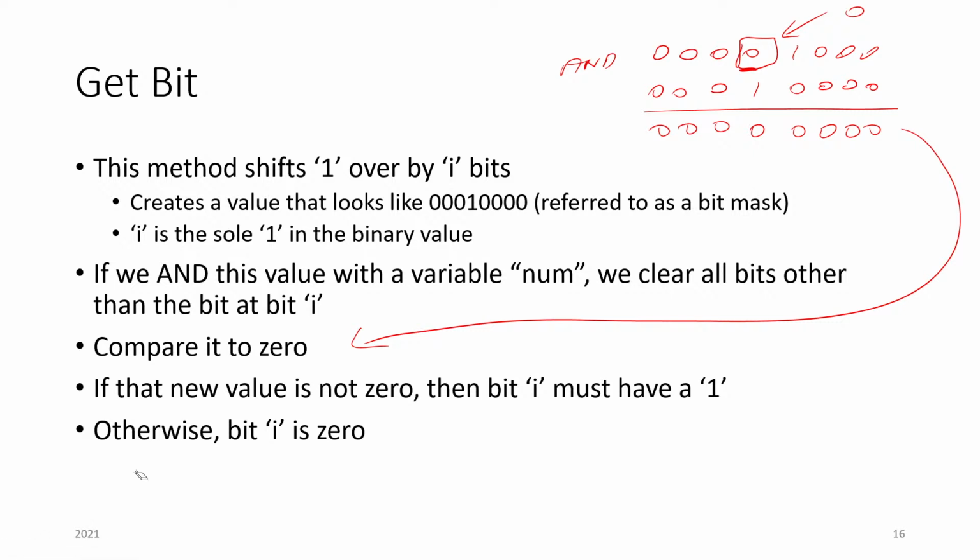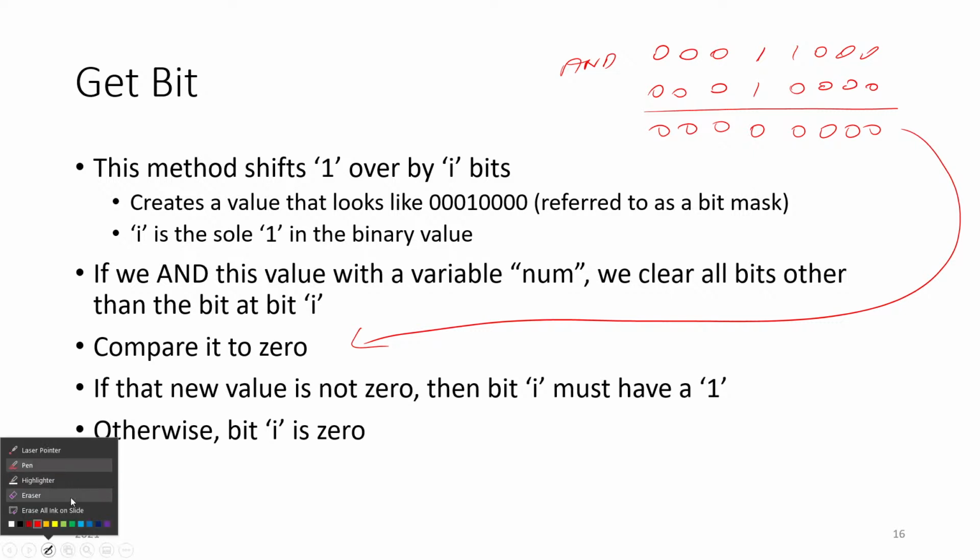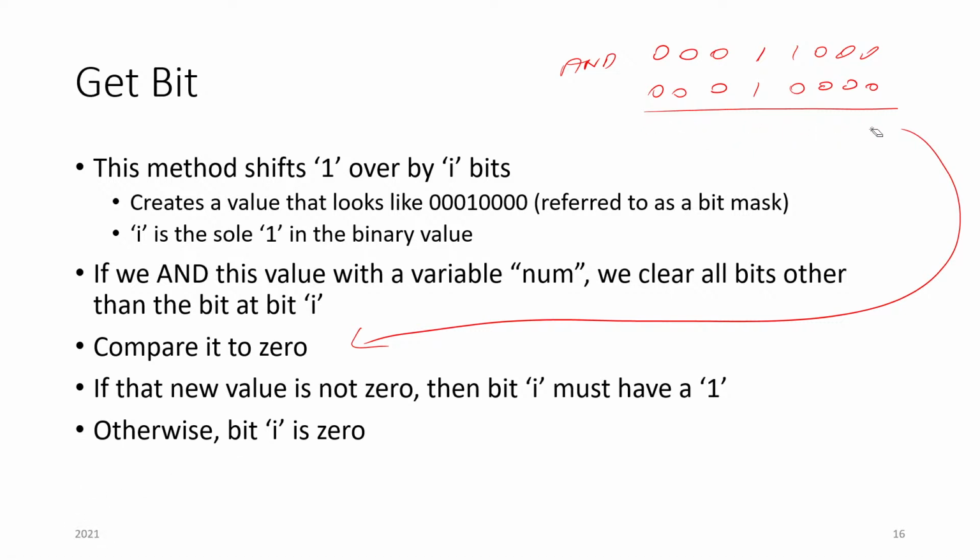Conversely, if we had a value of 1 here, and we AND this, 0, 0, 0, 1 and 0 will give us 0, 1 and 1 will give us 1, 0, 0, 0.